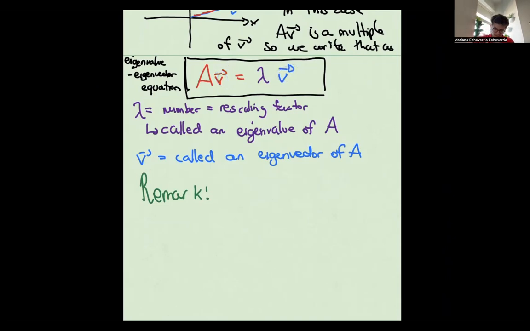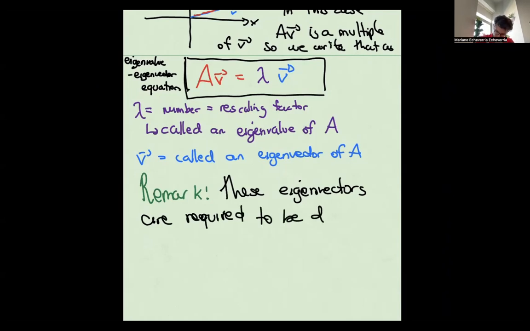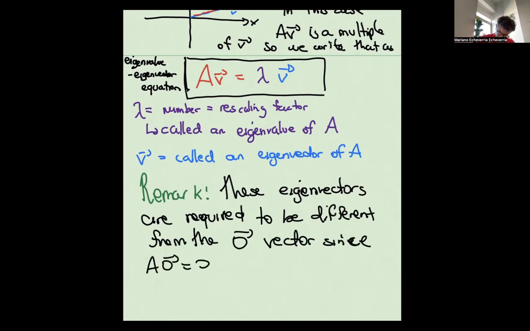So these eigenvectors are required to be different from the zero vector.